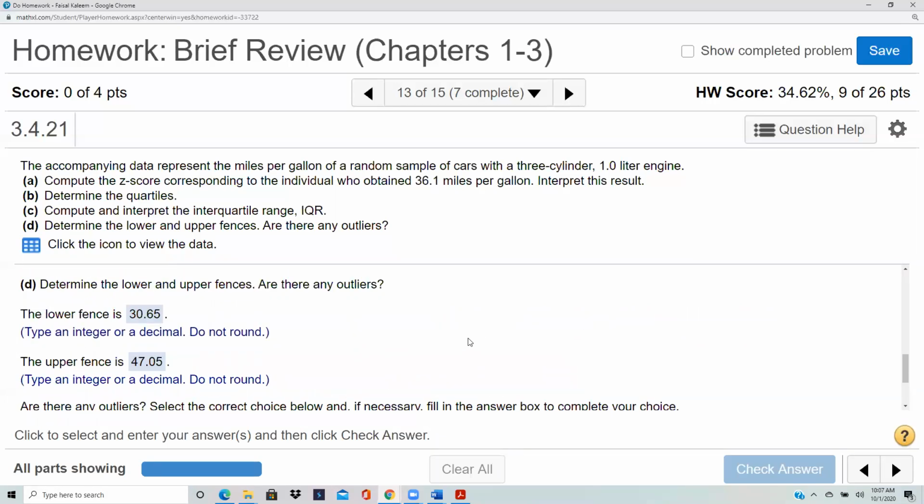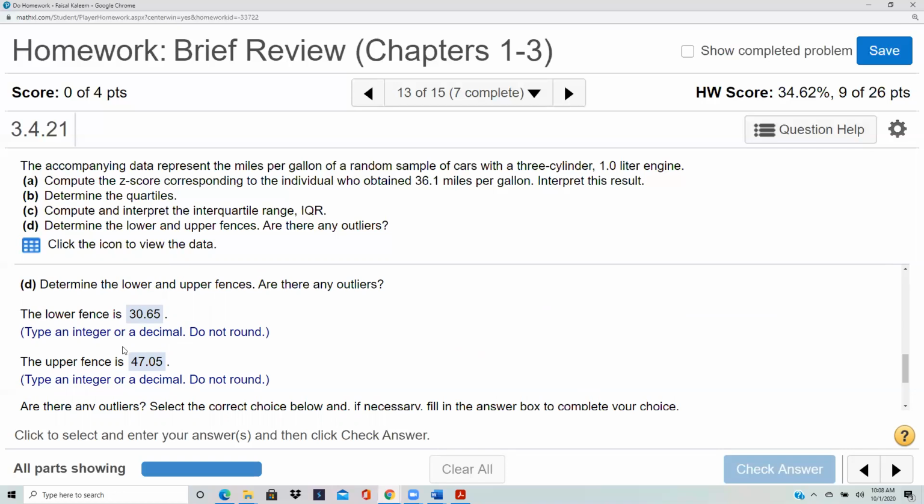And how do we decide the outliers? So the reason why these are called fences is because anything outside them is an outlier. Right.